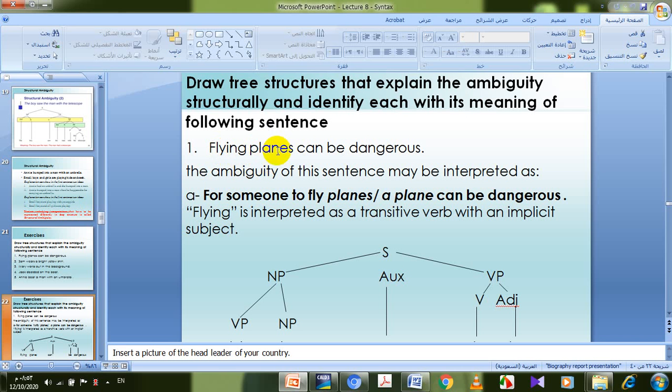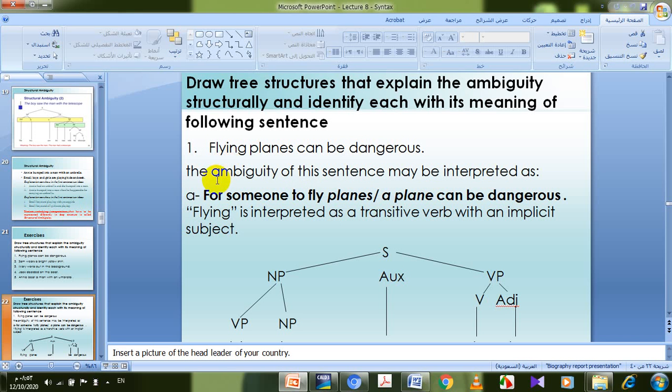In the first case, it is an adjective for planes. The second is a verb, flying, for somebody to fly planes. Flying means to fly planes, or for someone to fly planes can be dangerous.